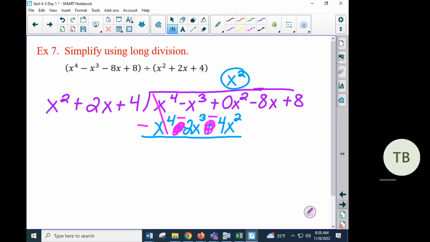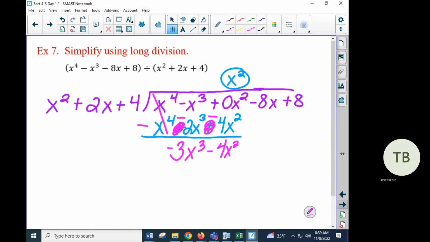Well, these cross out. Negative x to the third minus 2x to the third is negative 3x to the third. 0x squared minus 4x squared is really just like 0 minus 4x squared, which would just be negative 4x squared.